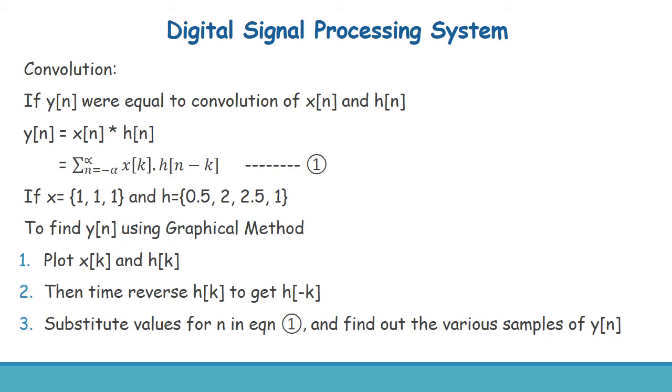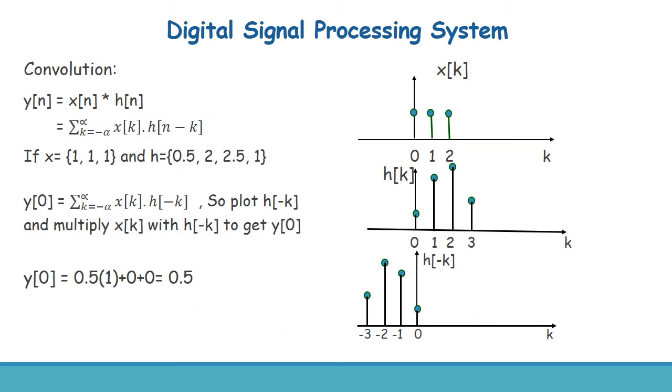So after you plot h of k, time reverse h of k to get h of n minus k. That is what I have done here. I have plotted x of k, I have plotted h of k, and I have time reversed h of k to get h of minus k.